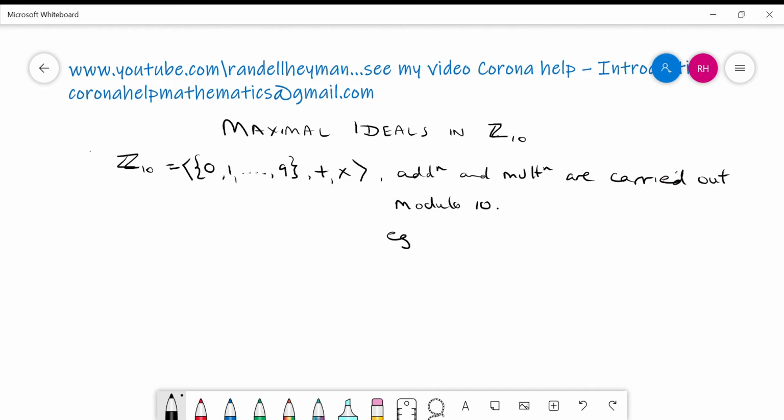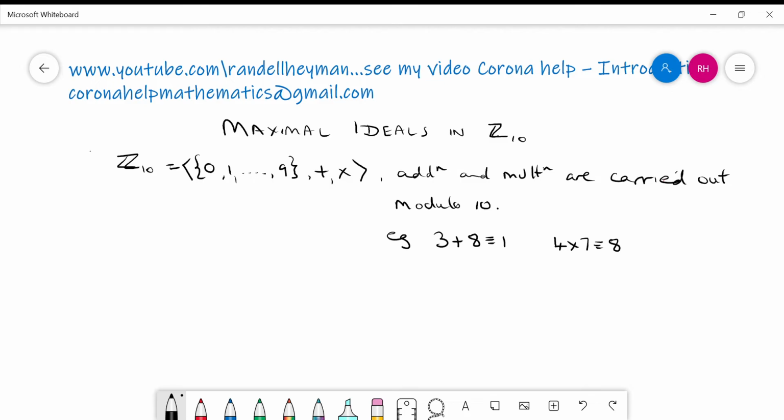Example, 3 plus 8 is equivalent to 1. 3 plus 8 is 11. We're doing it modulo 10, so the remainder is 1. 4 times 7 is equivalent to 8, because 4 times 7 is 28. So that's what we're dealing with.